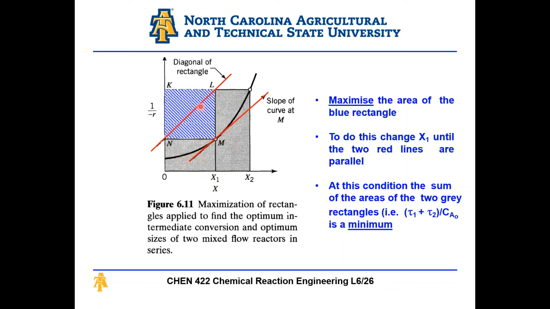And the point of minimum volume and best performance is when the diagonal is parallel to the tangent. Okay? And this is the point where I have the highest conversion at the lowest reactor volume. So it's just a procedure, just be aware of it, you might get it on a multiple choice question or something.